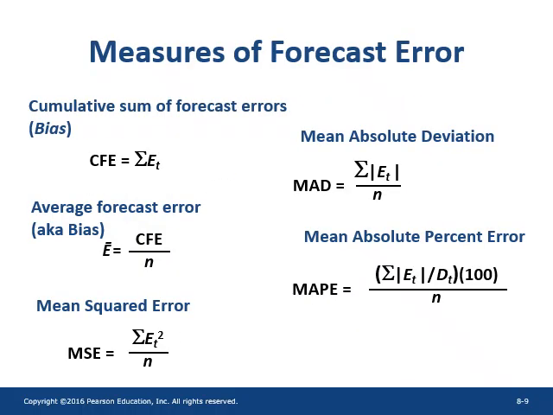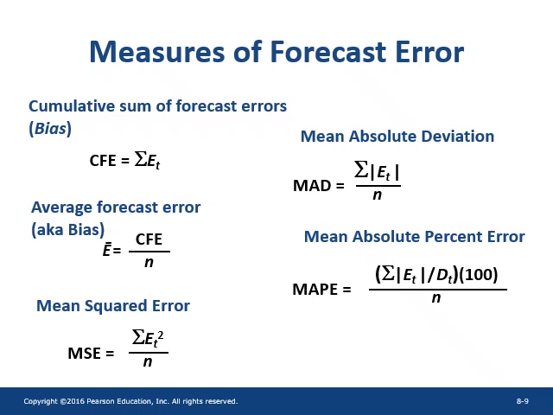We use that measure in order to understand where our forecast could be wrong and by how much. One thing that we could measure is called CFE, the cumulative sum of forecast errors.